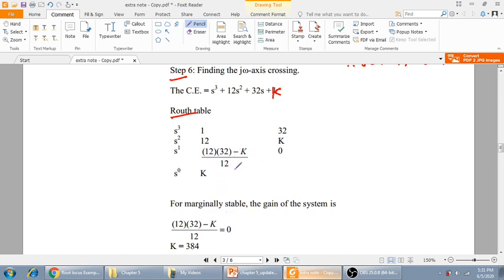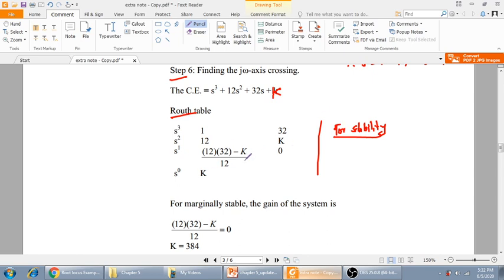Once you calculate, you know that for stability there shouldn't be any sign change in the first column. Since this is positive, this one also has to be positive.